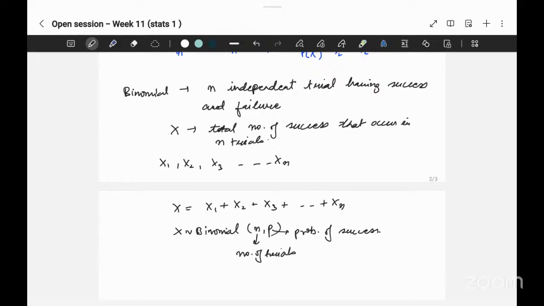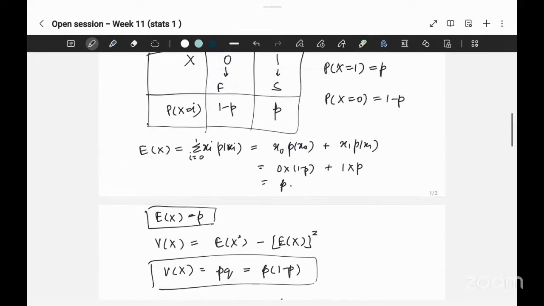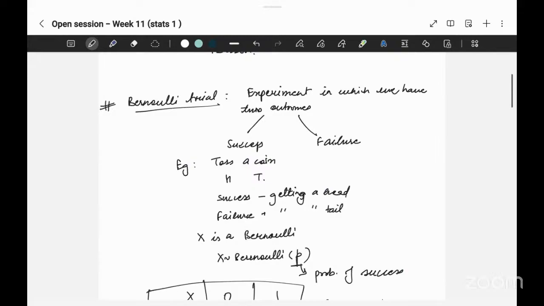Is binomial clear? And the difference between the two is just about the number of trials, right? Yes, the number of trials. See, Bernoulli is considered only when I have only one trial, like if I'm tossing a coin one time, or rolling a die one time. Then I can have only two things, a success and a failure.